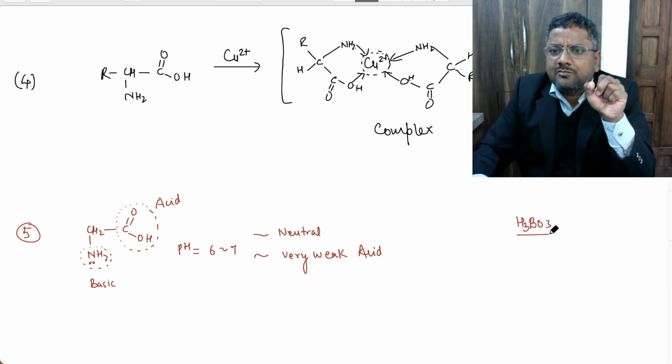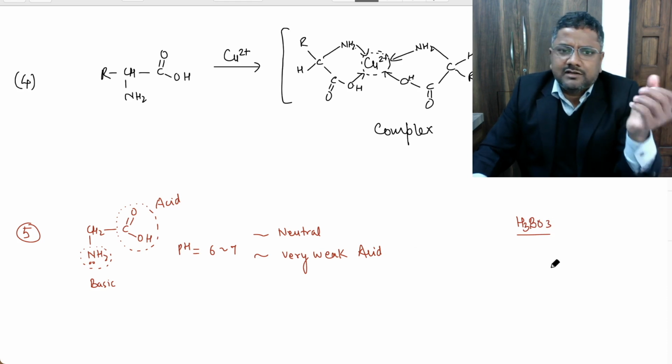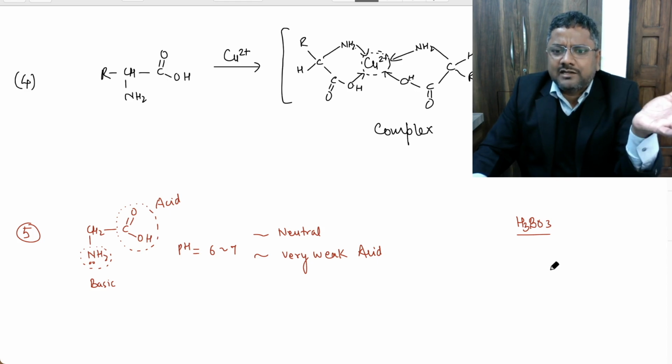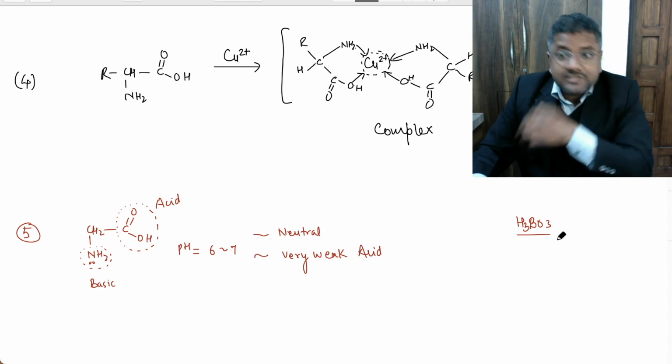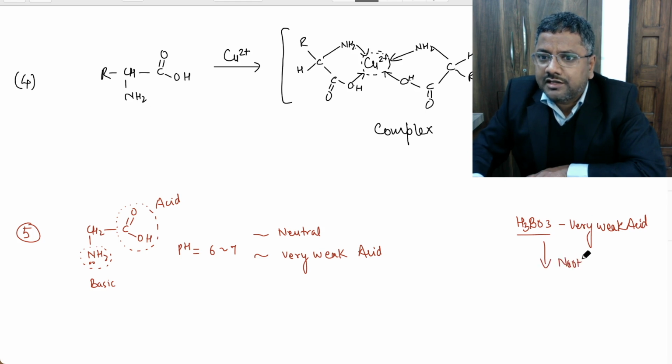This is very popular, and usually this reaction is given as a practical question in the practical exam. H3BO3 is also a very weak acid, and when you titrate this with NaOH using phenolphthalein indicator, there is no sharp endpoint.